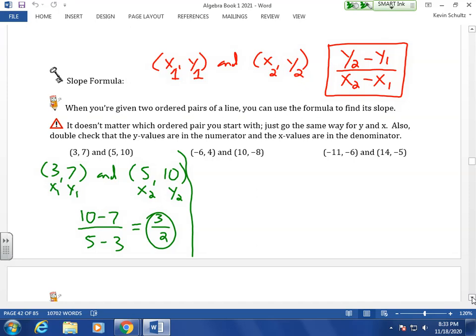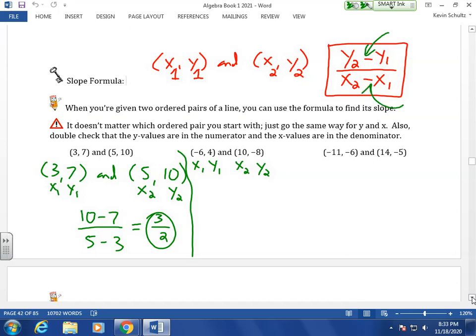Things do get a little bit trickier when you've got negative signs, but that's why we had that earlier lesson, PO3, on how to add and subtract negative numbers. Label them x1, y1, x2, y2. And the important thing to remember is that this subtraction sign and this subtraction sign are part of the formula.